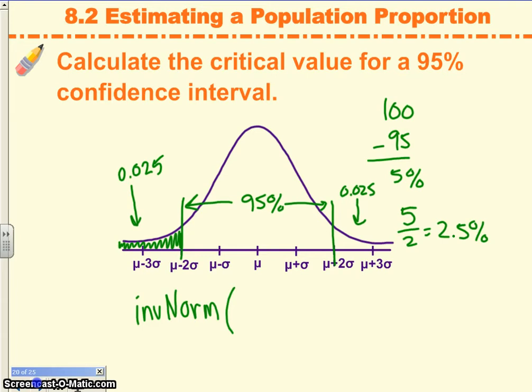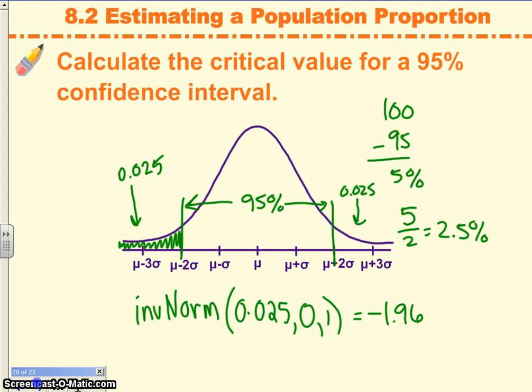It allows you to enter a specific area, a mean and standard deviation, and it'll return the z-score associated with it. The area I'm looking for is 0.025, and I'm working with the standard normal distribution, so I have a mean of 0 and a standard deviation of 1. This in the calculator returns negative 1.96.